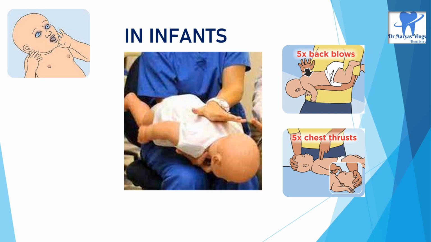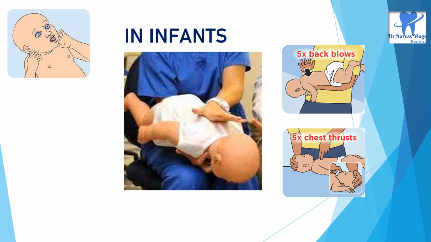Supporting the back of the infant's head with the palm of your hand, turn the infant over while carefully supporting the head and neck. Hold the infant face up with your forearm resting on your thigh, and keep the infant's head lower than the trunk.